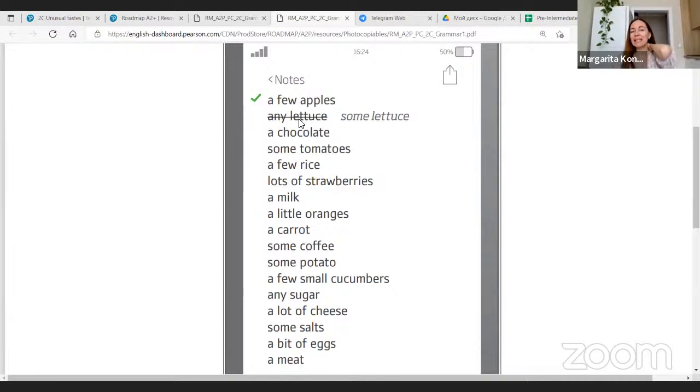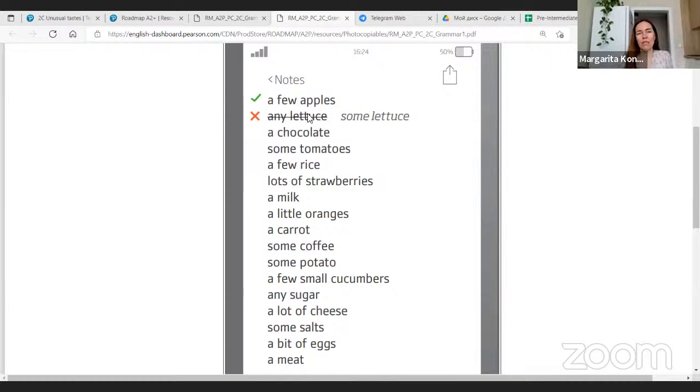Good. Any lettuce, is that correct? What lettuce? Lettuce — это салат латук. Uncountable. It's uncountable, okay. And any, is it correct? Any is used in negative. Yes. But we have a positive. So we say some lettuce.